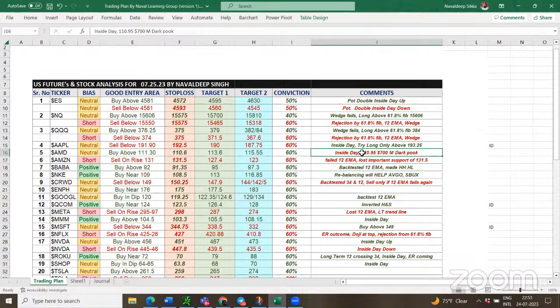Now here, this number did its job. So I'll just keep this information later. Let me just keep this here. Add two gravestone dojis.